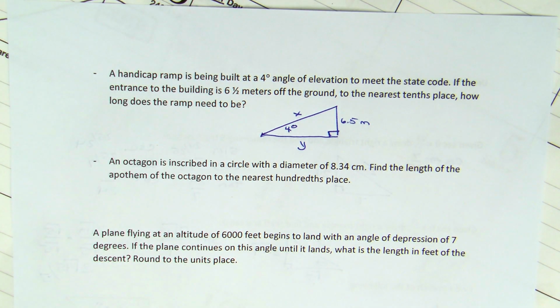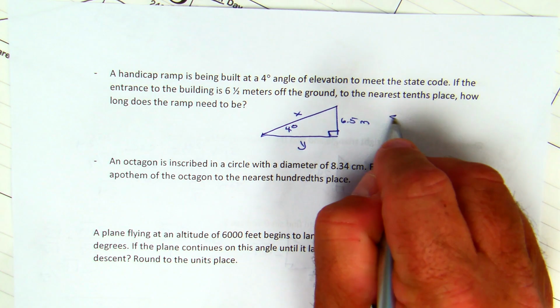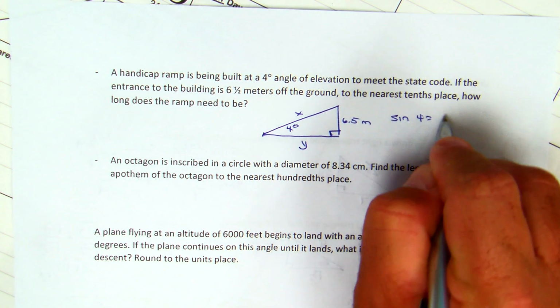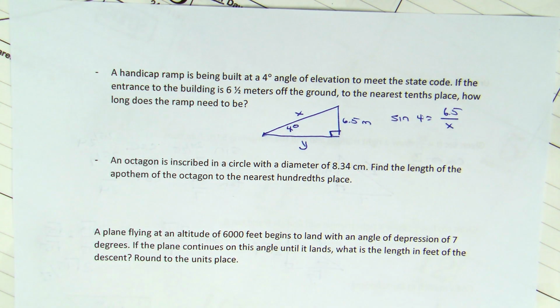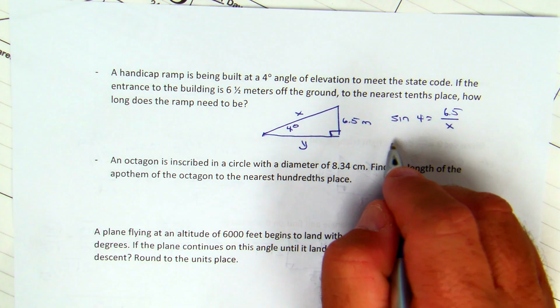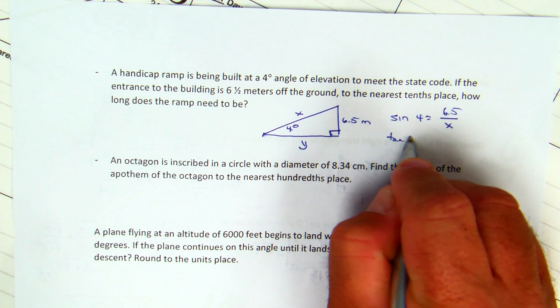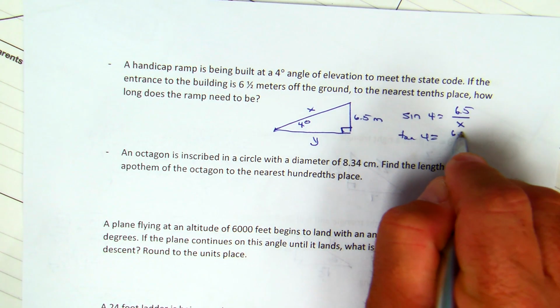Alright? To find x, it would be sine of 4 equals 6.5 over x. If I think I need to get y, and again, it's up to you, tangent of 4 equals 6.5 over y.